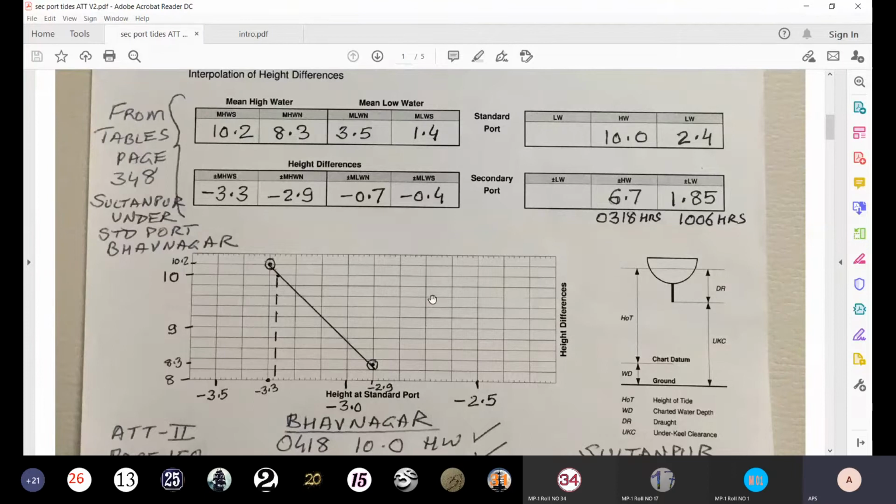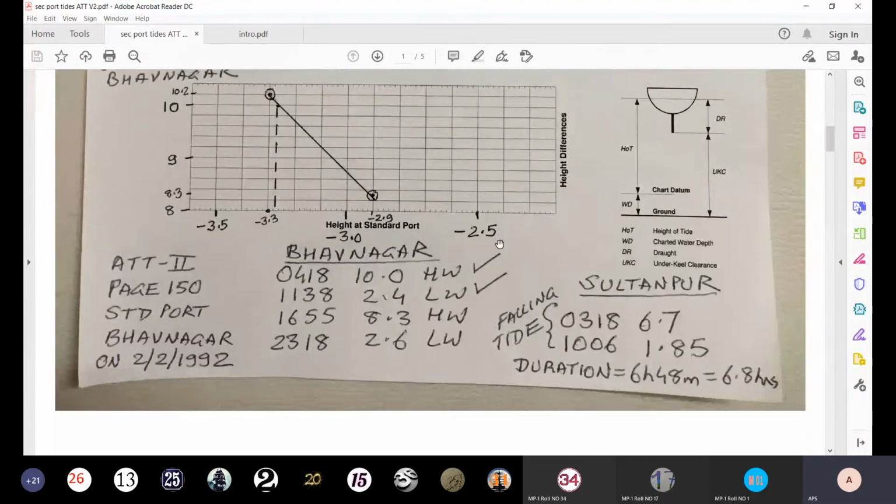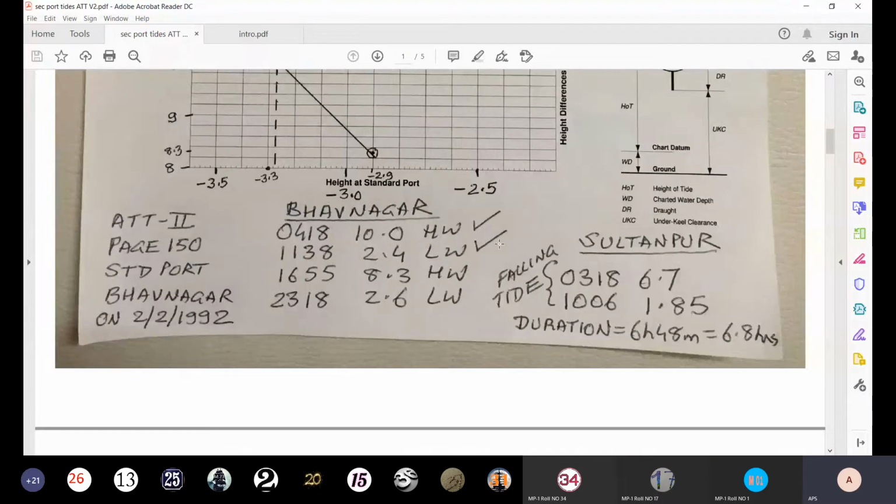Interpolation you can do by this graphical method or you can do by your calculator. So see if you're getting this data.